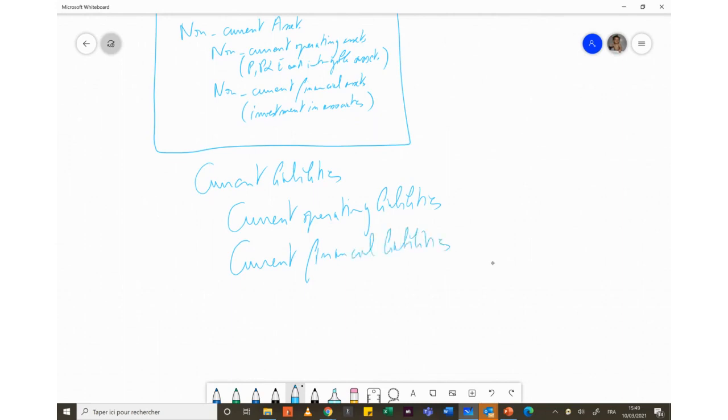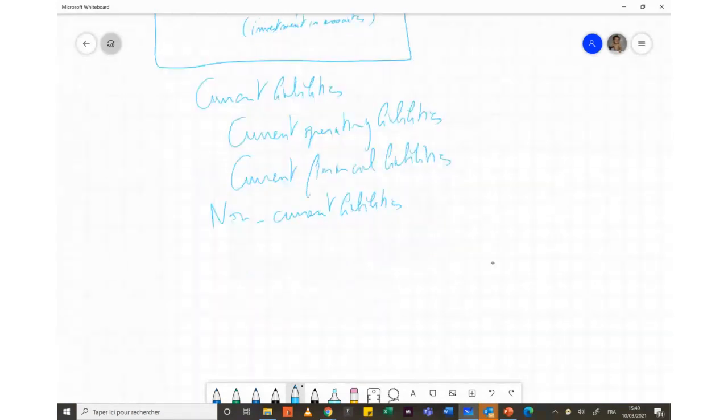You have non-current liabilities. Generally it is mainly provisions and non-current financial liabilities.